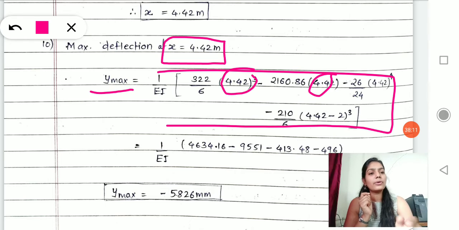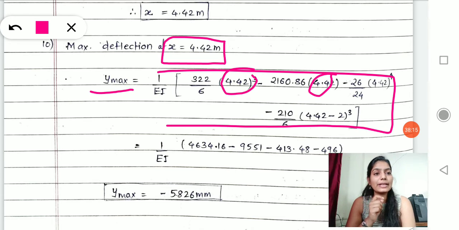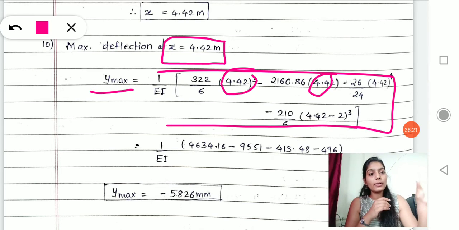Do not go for the 125 into x minus 6. Why should you not take that? Because that falls beyond our range. We should not consider loads which fall beyond our considered span.